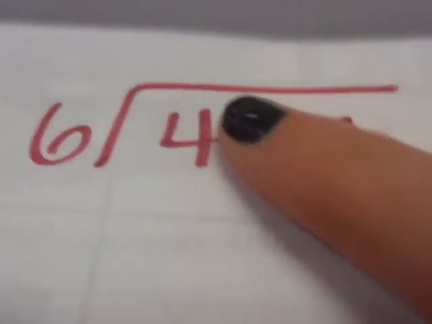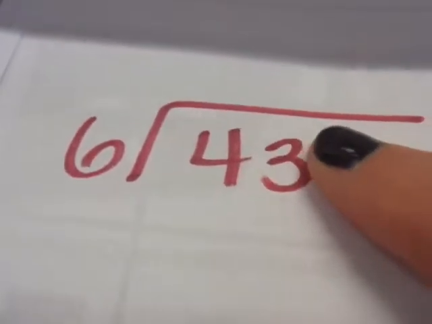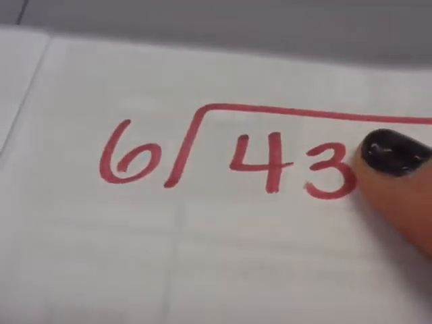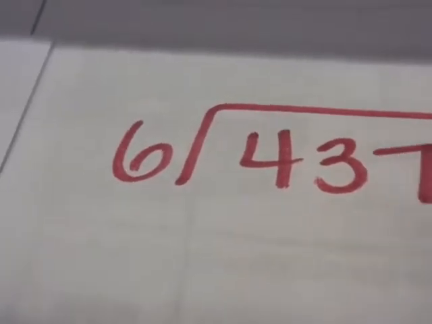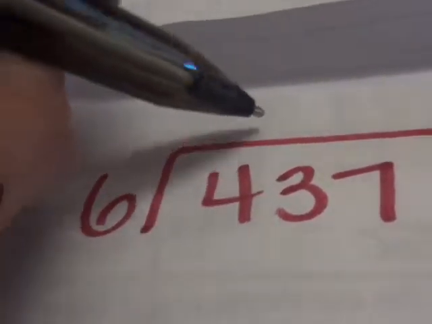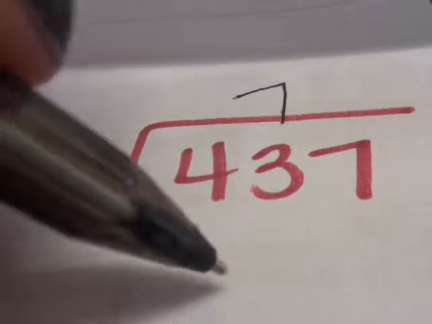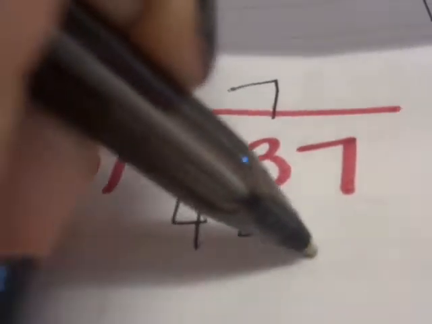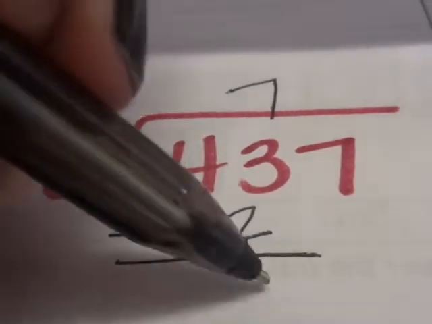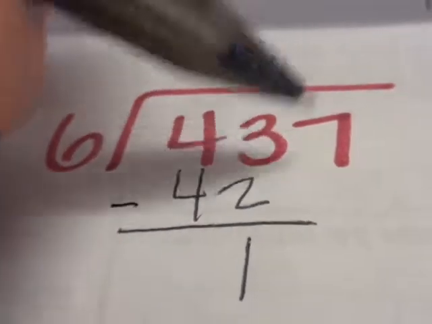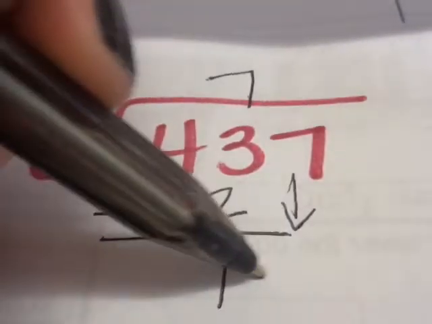Can 6 go into 4? No, it cannot. Can 6 go into 43? Yes, it can. How many times? 7 times. So, put a 7 here. 7 times 6 is 42. We subtract that out. 43 minus 42 is 1. Then we bring down our 7.